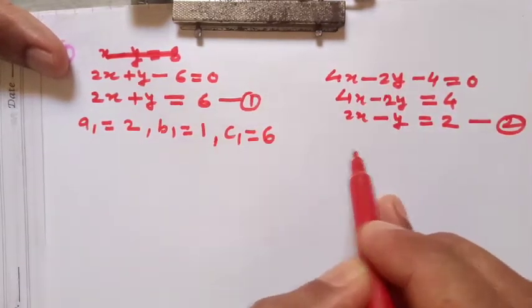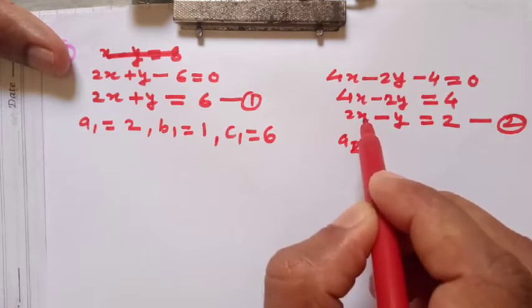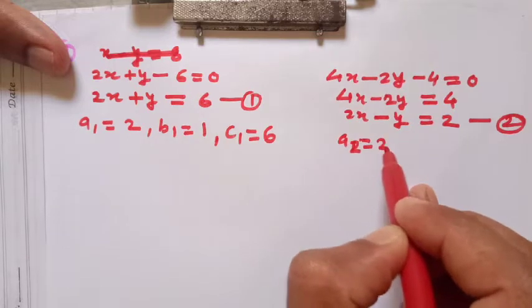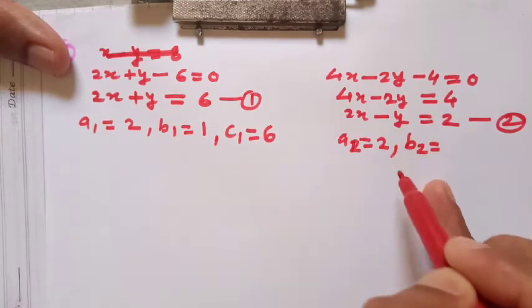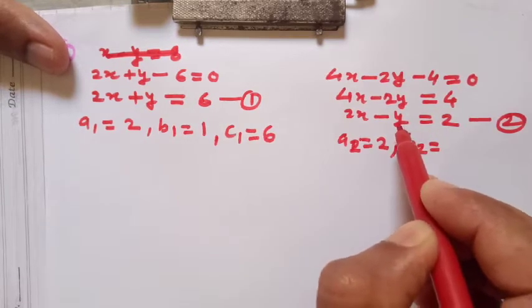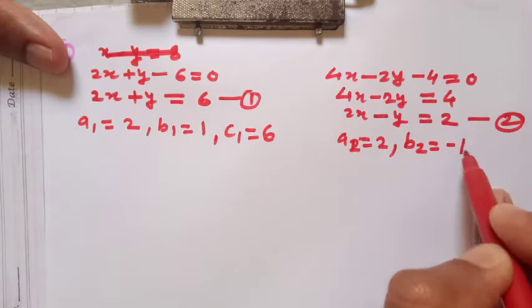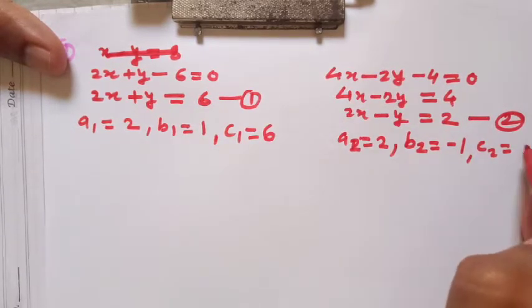Now for the second linear equation, a2, the coefficient of x in the second linear equation, is 2, b2 is the coefficient of y. Here, do you think the coefficient of y is 1? No, the coefficient of y is minus 1 here, take care. And c2, the constant value, is 2.